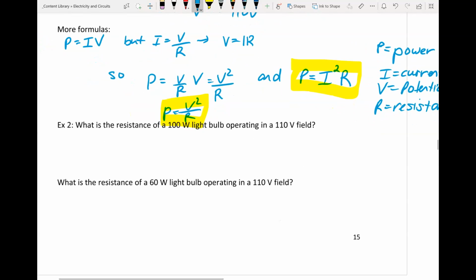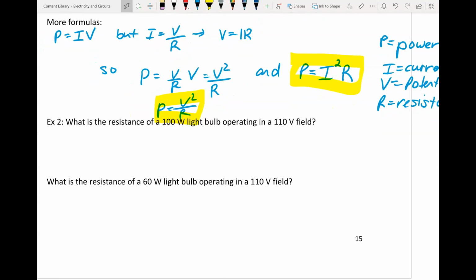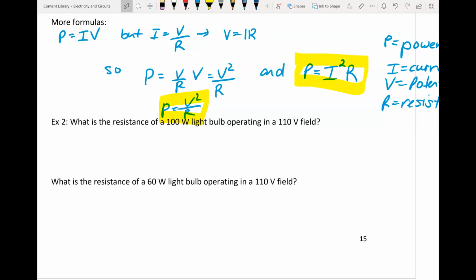What is the resistance of a 100-watt light bulb operating in a 110-volt field? So here we're looking for R. I'm going to rearrange P equals V squared over R, because we have P, the power, and we also have V, the potential difference.